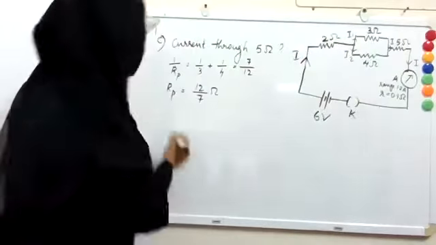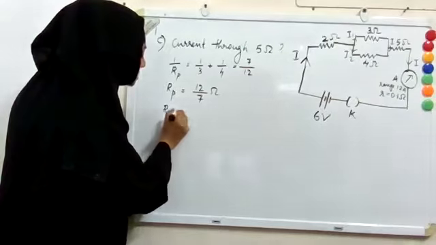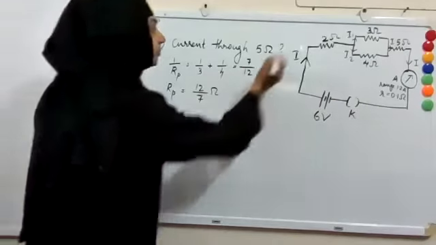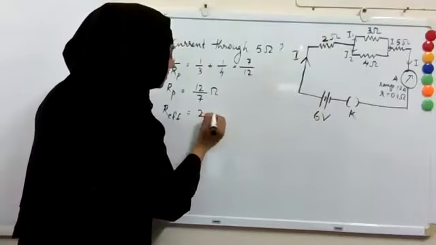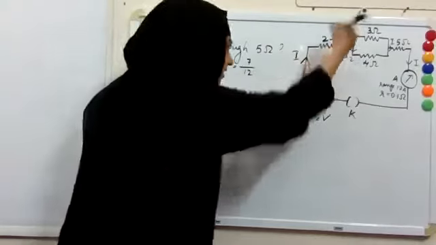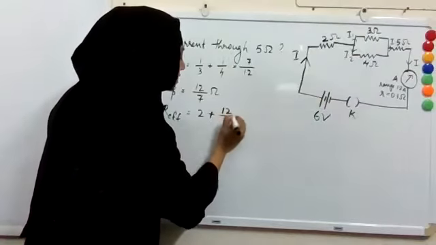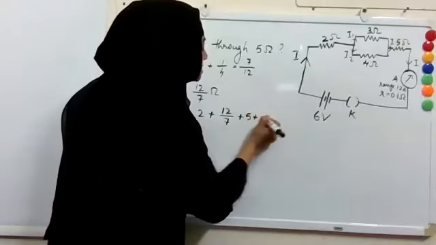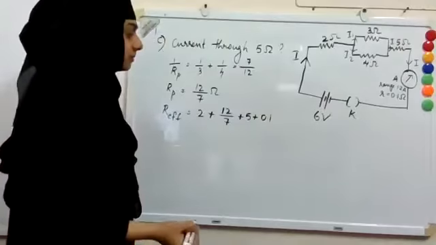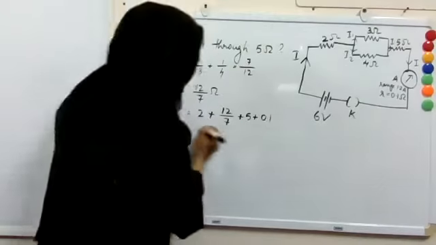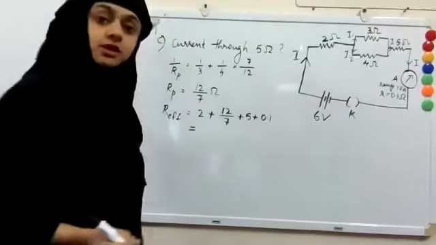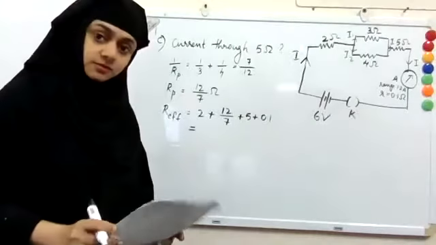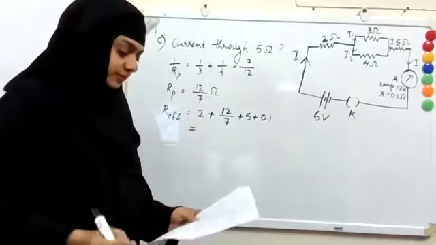So the total effective resistance will be equal to this 2 ohm plus this parallel connection which has 12 by 7 plus 5 ohm plus 0.1. So that will be the effective resistance. Is that clear to you?